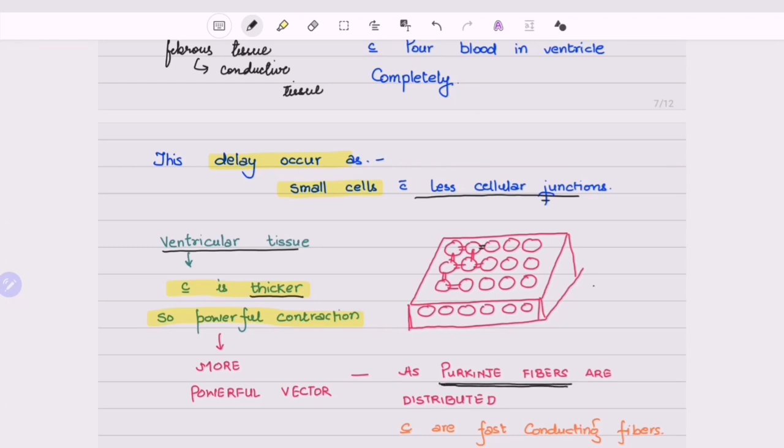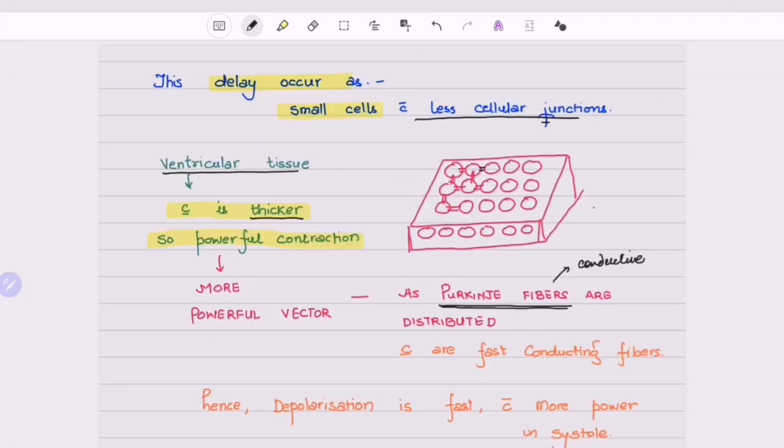Purkinje fibers are also conducting fibers, which are faster type fibers, because they are rod shaped, having more gap junctions, and they give a faster distribution of the depolarizing wave, which leads to ventricular systole faster in less time, which leads to more power in systole, as it pumps the blood to a larger extent.